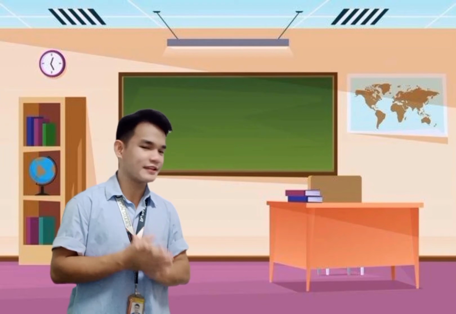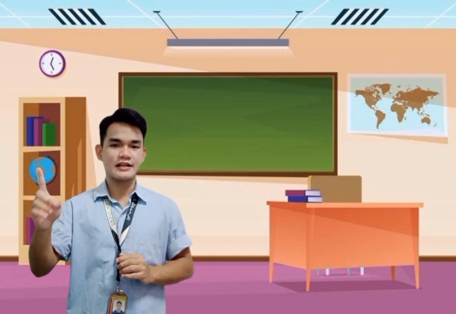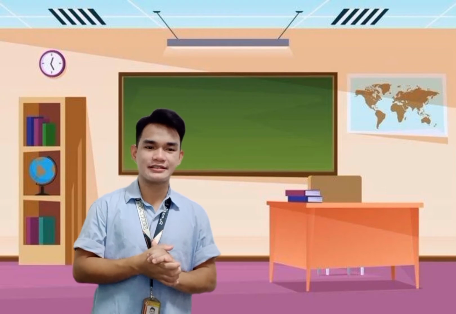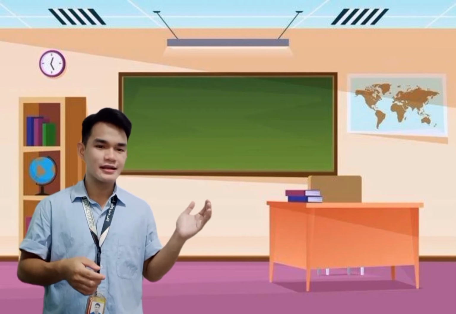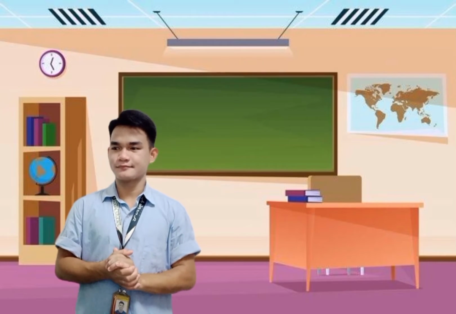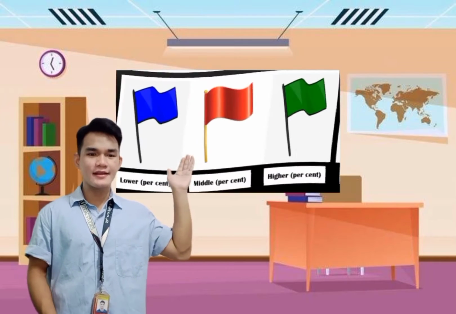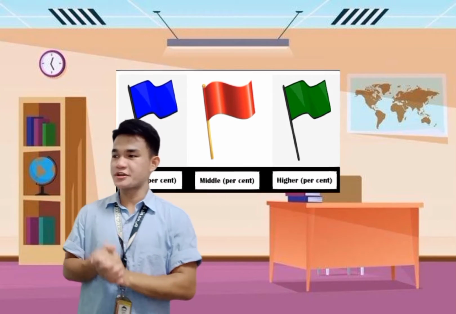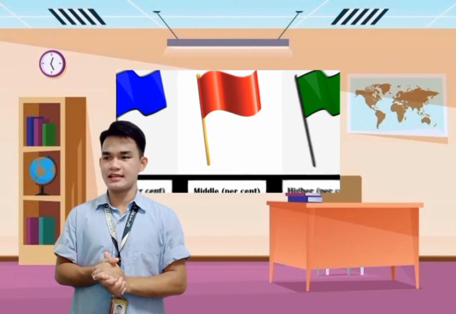Before we move on to what we are going to discuss today, I want to first measure your knowledge with the help of the flags that you will see on the screen. Okay, the blue flag represents the lower percent of your knowledge.